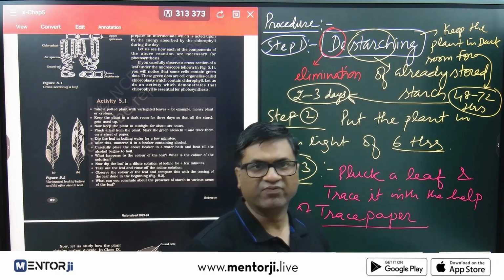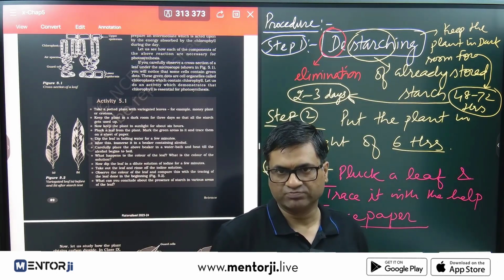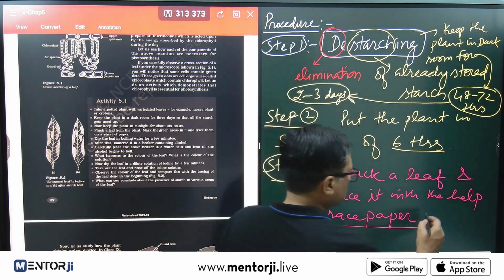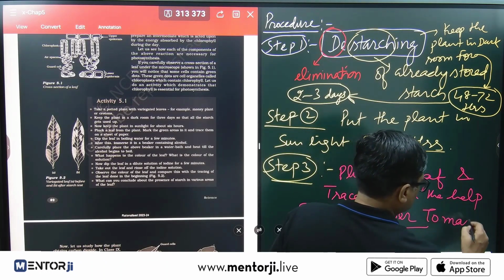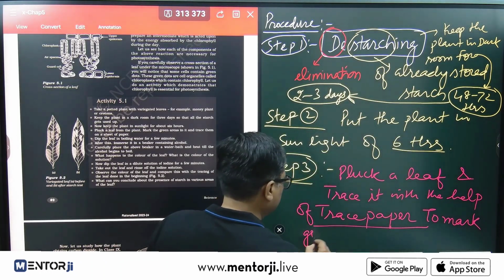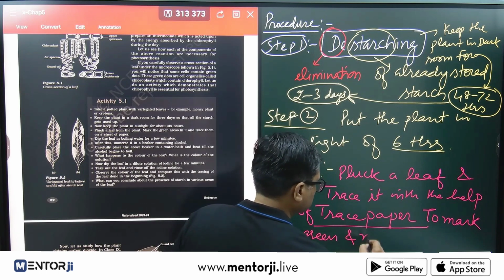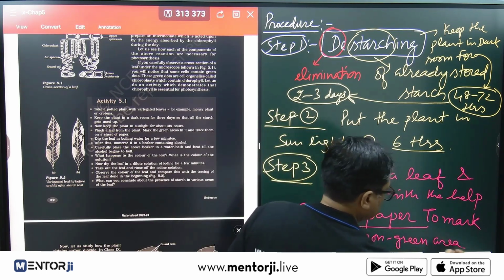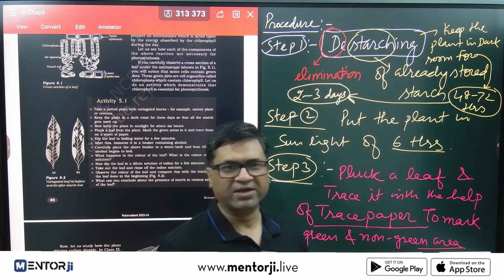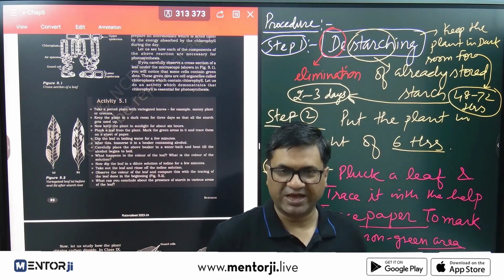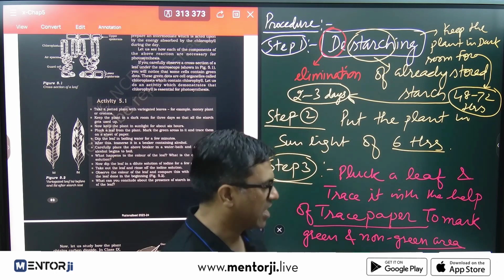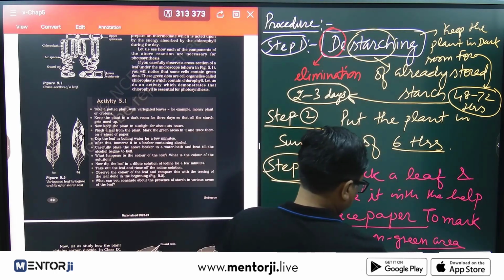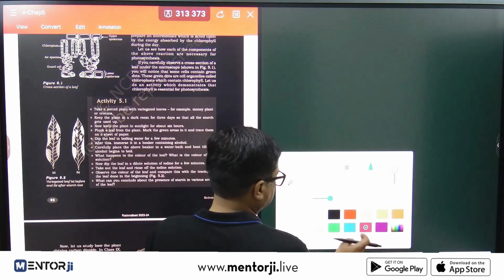We trace the leaf with the help of a trace paper to mark the green and non-green area. To mark green and non-green area.